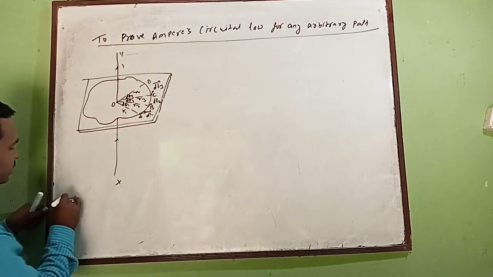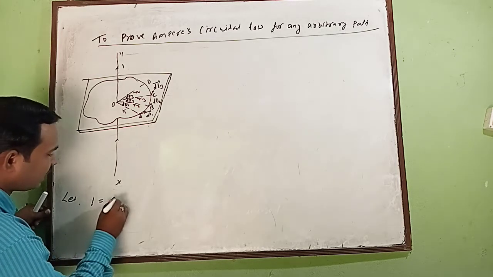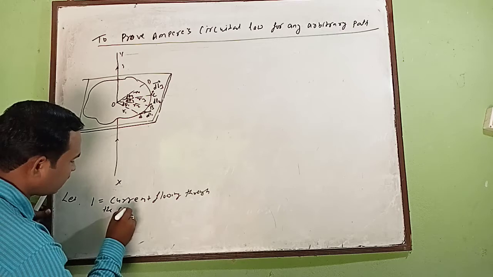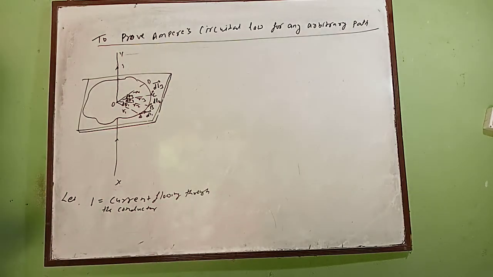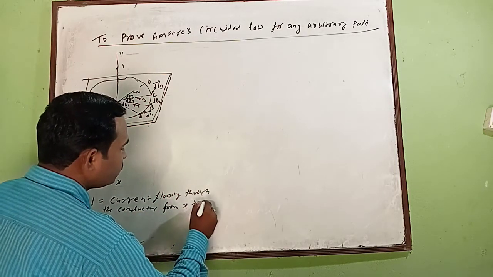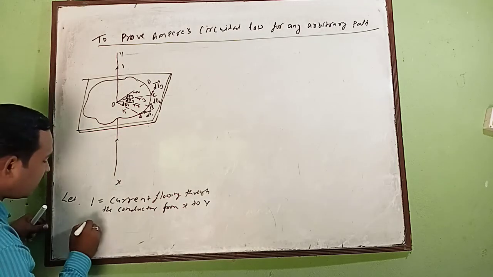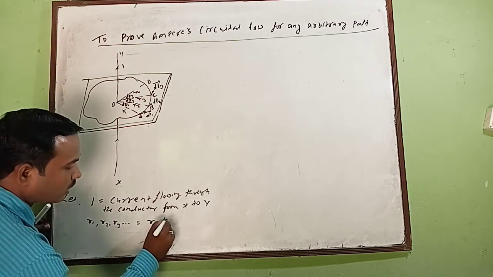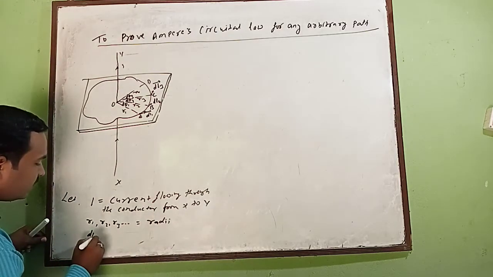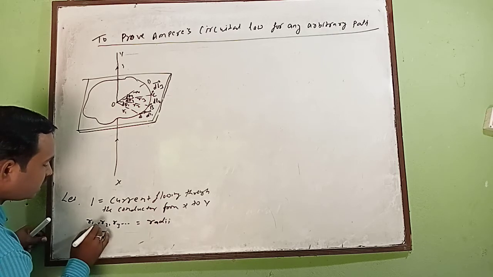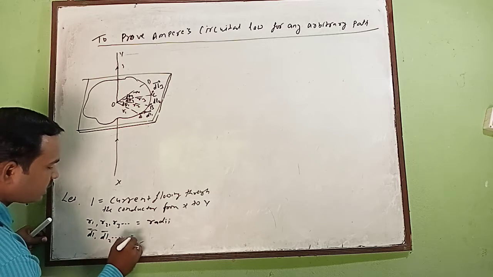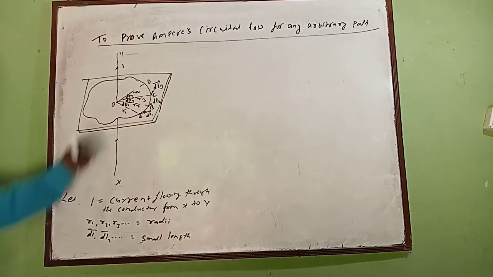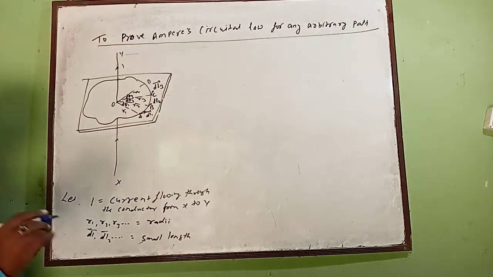So you will write here, suppose I equals the current flowing through the conductor from X to Y. And R1, R2, R3 and so on equal the radii. dl1, dl2, dl3, like that you can write, are the small lengths we can assume, and d theta 1, d theta 2 are small angles. d theta means what?